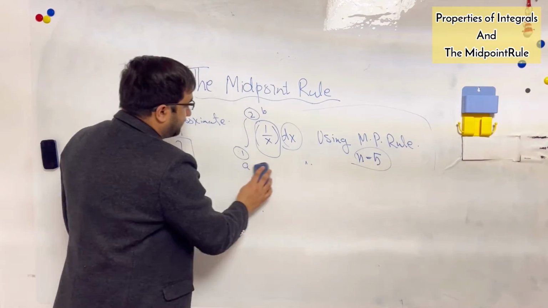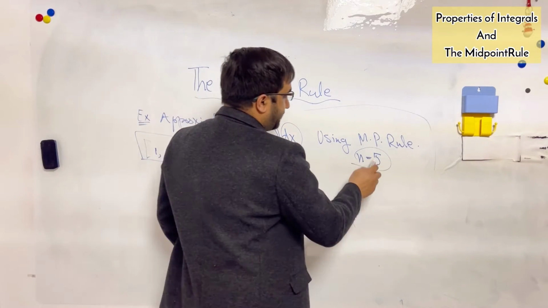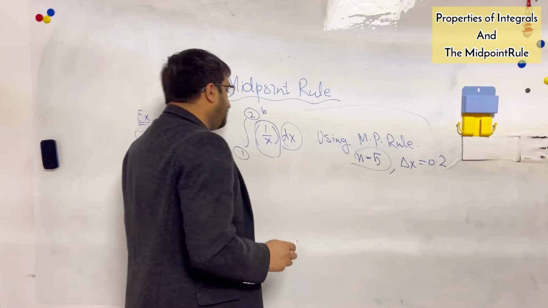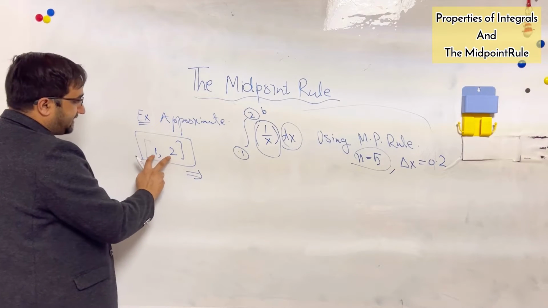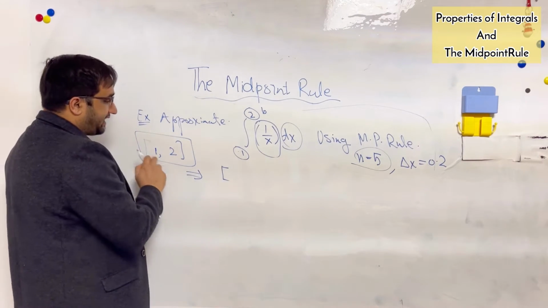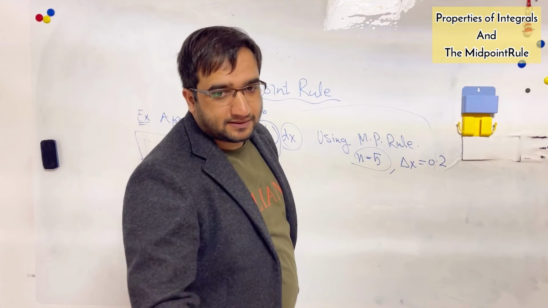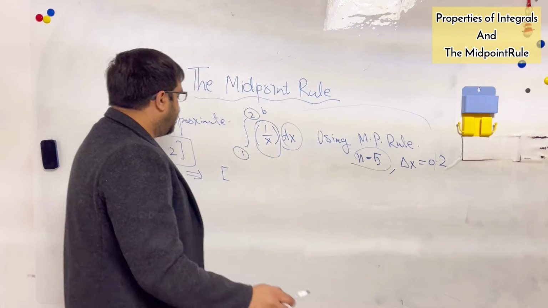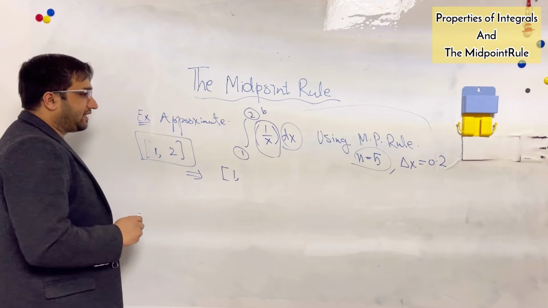Okay, so I have enough data to go further. Using this data, I have calculated delta x, which is 0.2. Now using that value of delta x, I am going to split this big interval into smaller intervals. The first point is 1, it will remain 1.